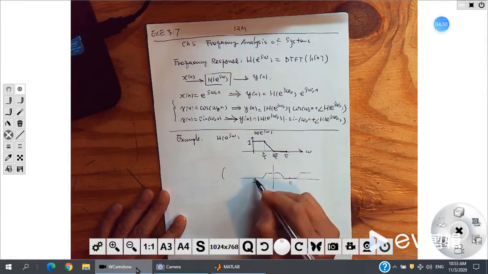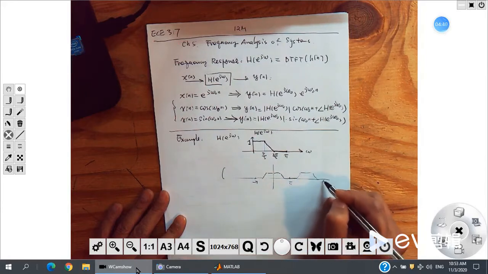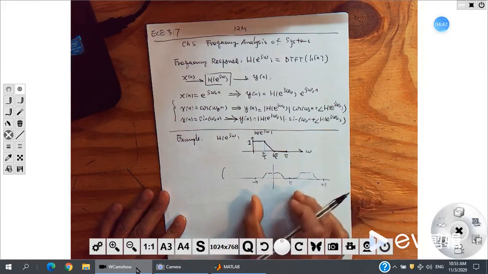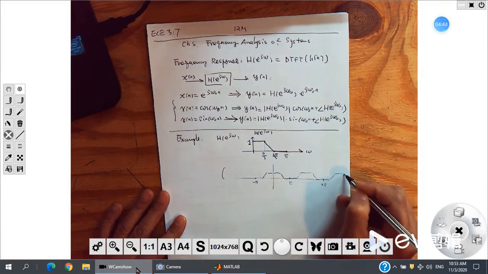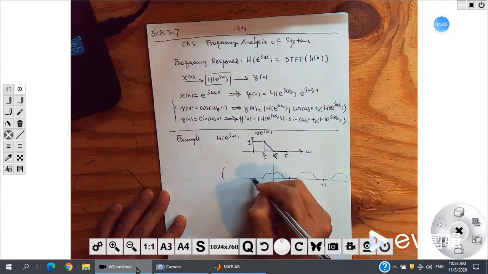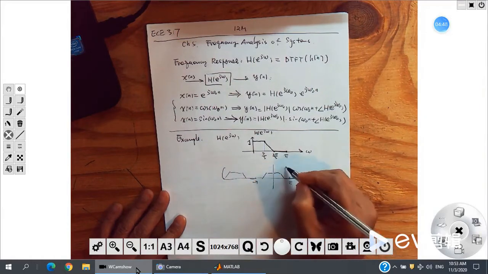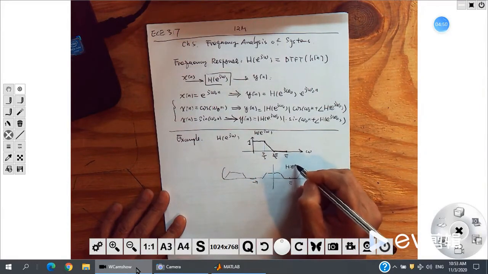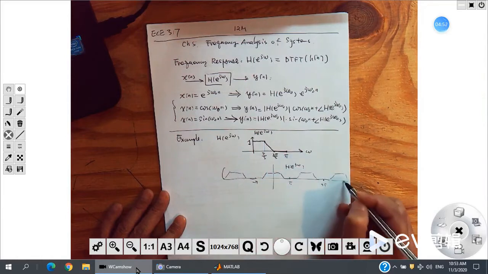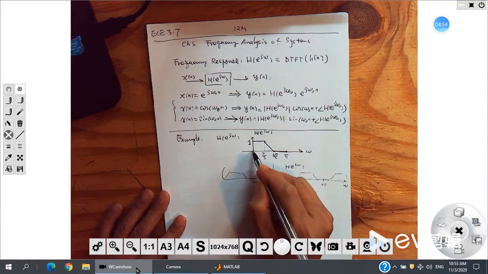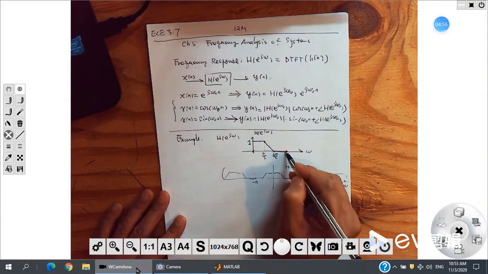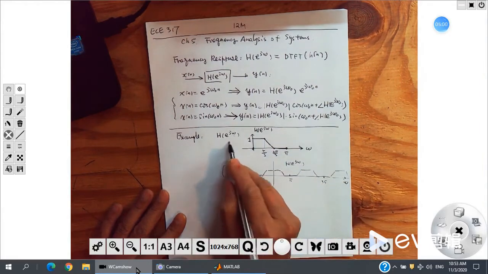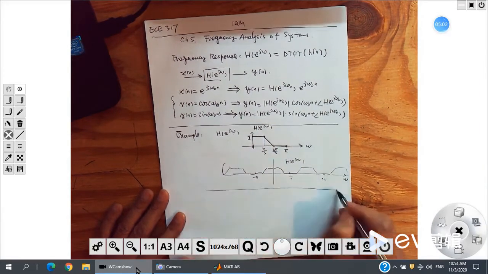Here, pi to 3 pi is just a copy of this. Okay, this is H of e to the j omega for all omega. Here I just show the graph for omega running from 0 to pi.